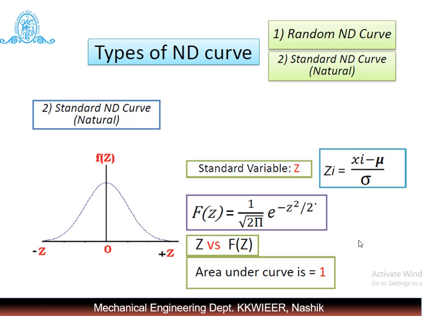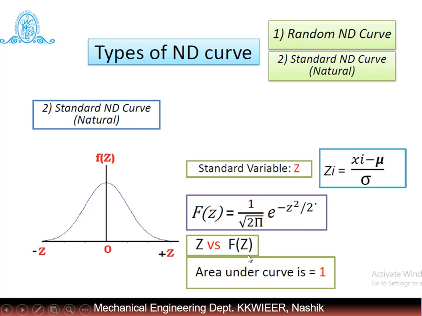In the standard normal distribution curve, the standard variable is z, and z is calculated by xi minus mu, where mu is the mean, divided by sigma, the standard deviation. Here fz, as fx in the previous case, is 1 upon the square root of 2 pi into e raised to minus z square upon 2.